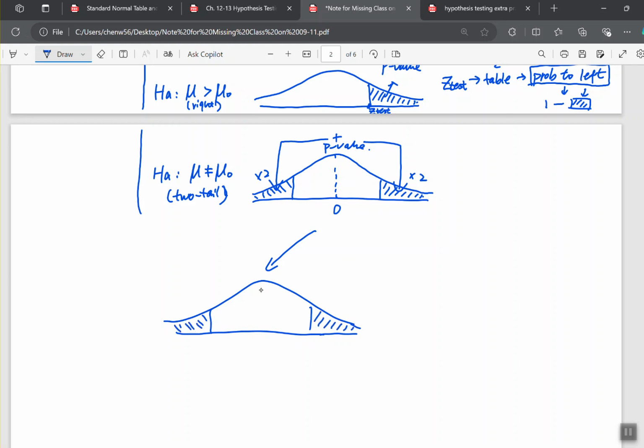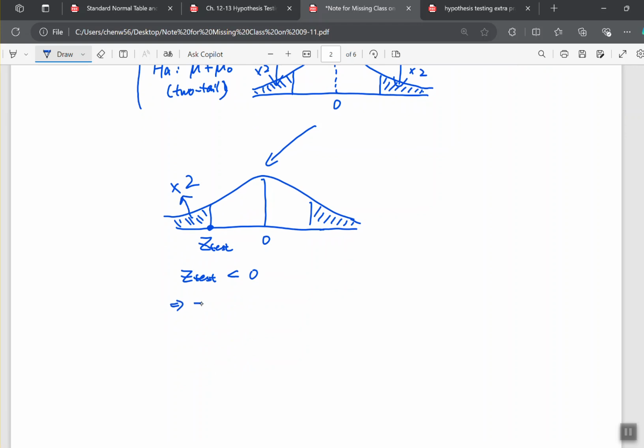if your z is negative. That means after calculation from the last step, you have a negative value for the z-test statistic. Then you want to find this tail first and then double it, right? So in this case, your z-test statistic is negative.